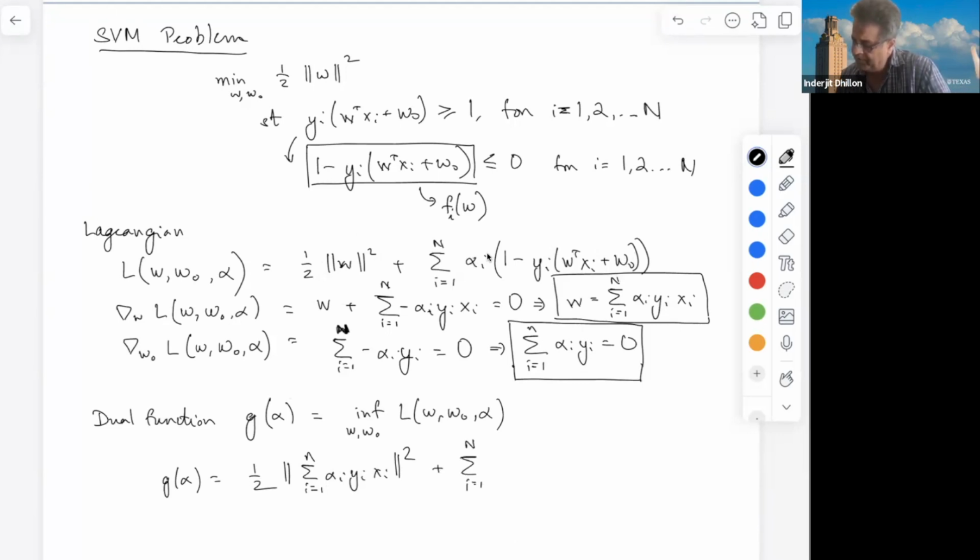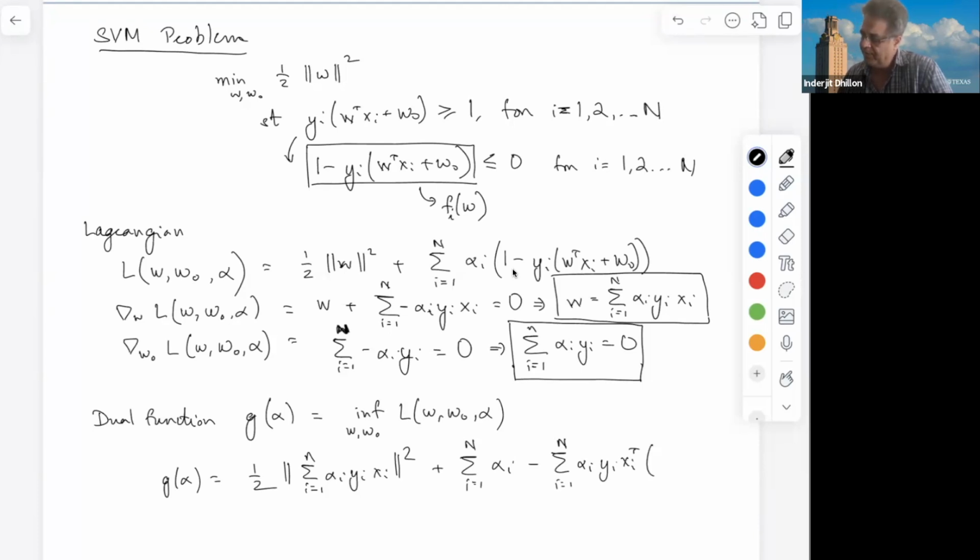I have a term which is just alpha I from here, alpha I times 1. And then I have minus summation of alpha I, yi, xi transpose times W, right?